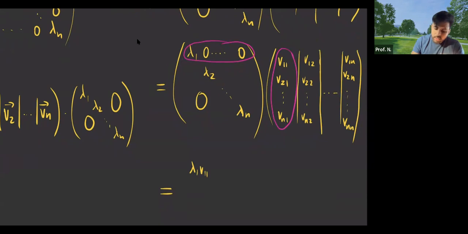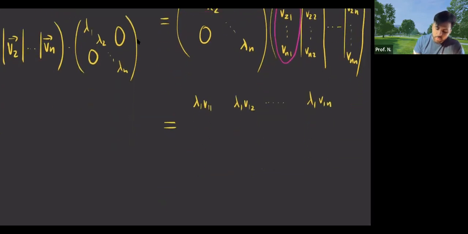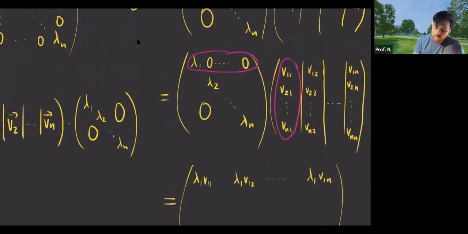And then if I continue, first row, second column, this will be lambda 1 V12, and this would be lambda 1 V1n. So the first row of the product will be the same as the first row of this matrix, with a lambda 1 attached to all of it.